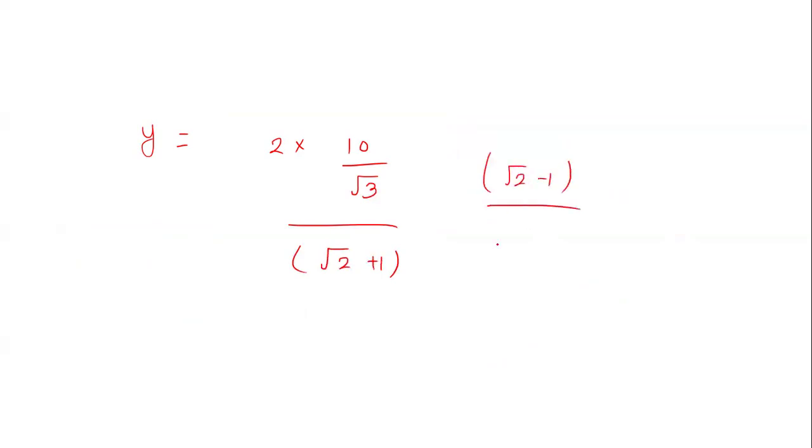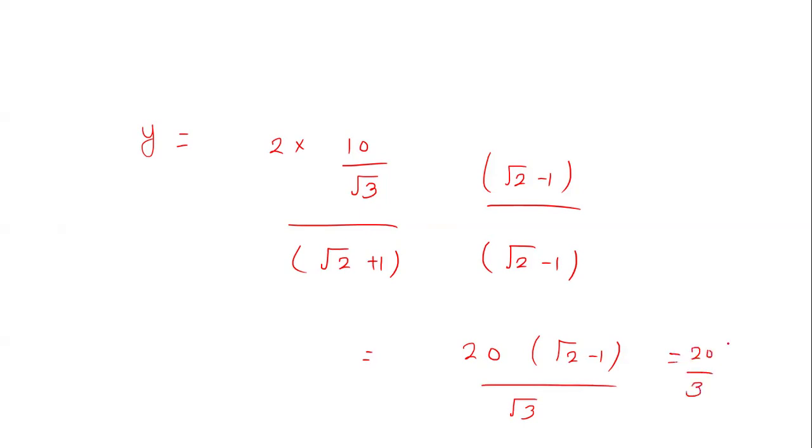So you can put x is equal to 10 by root 3, and multiply numerator and denominator by root 2 minus 1. So it will become 20 times root 2 minus 1 divided by root 3. You can also write it as 20 by 3 times root 6 minus root 3.